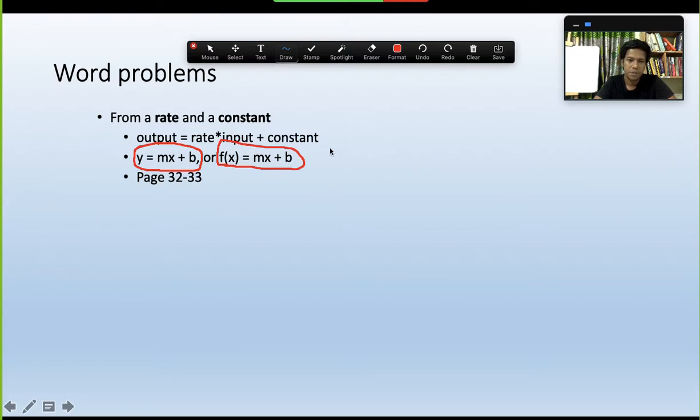Output equals rate times input plus some constant number. This is the formula, this is the rule. Output is y, the rate is the rate by which something is increasing, then the input is x, and we have some constant.